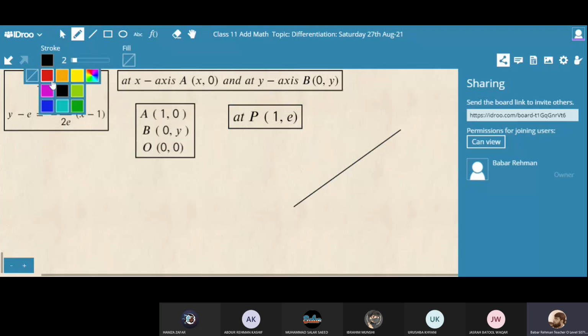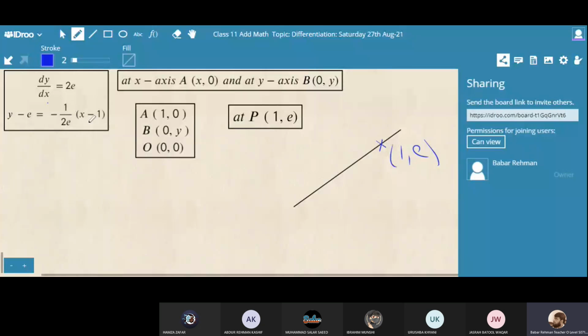For example, if I give you one point, say 1, E, and this is the equation of the normal, and it is also passing through 1, E. If you put the value of x in this equation, you will get the answer of y in terms of E only.